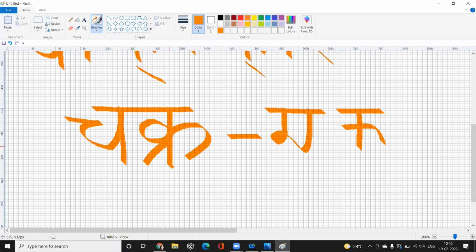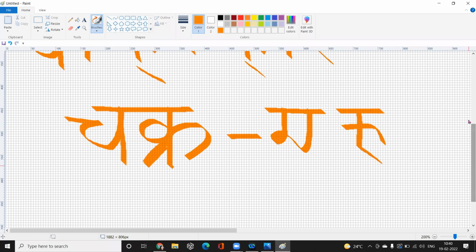And this ra in Shaada Lipi is denoted like this. This matra in Shaada Lipi is always written like this. When we have the sound of the letter incomplete, like in case of chakra, ka sound is incomplete, but the ra sound is full. So ra would be written below like this, and ka will come on the top.